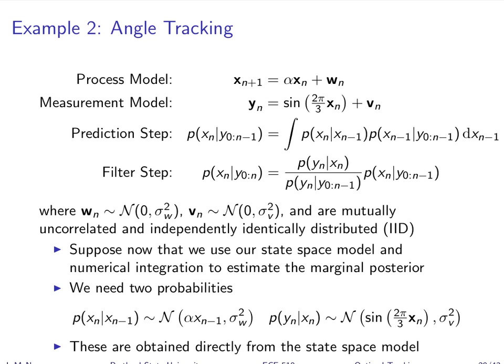Yes, you're absolutely right. If you really have a continuous time process and you've sampled it with an A to D converter at a constant sample rate, and that's how you got it into discrete time, then you're absolutely right. If you're going to consider various sample rates, then it turns out the amount of process noise you're going to want to scale depending on what your sampling interval is.